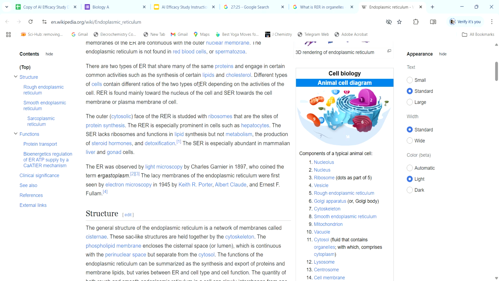Different types of cells contain different ratios of the two types of endoplasmic reticulum depending on the activities of the cell. So this is the important point: RER is found mainly toward the nucleus of the cell and SER towards the cell membrane or plasma membrane of the cell.